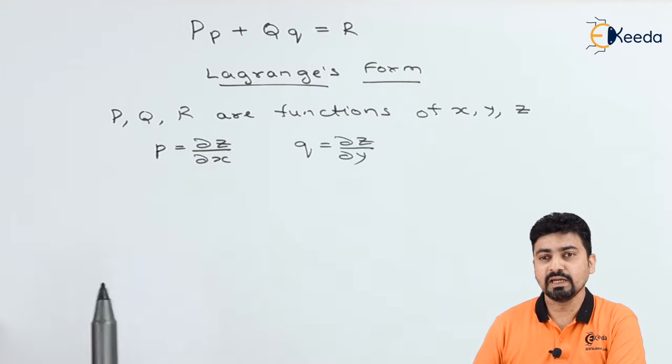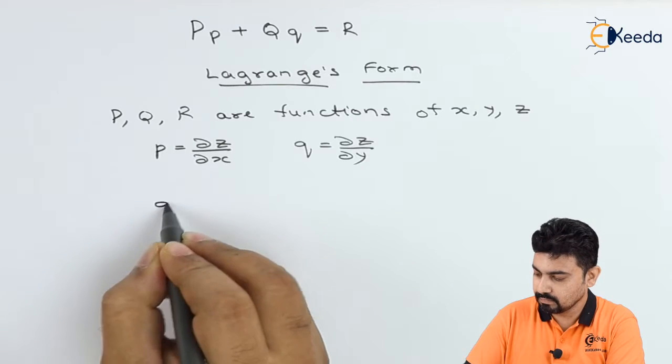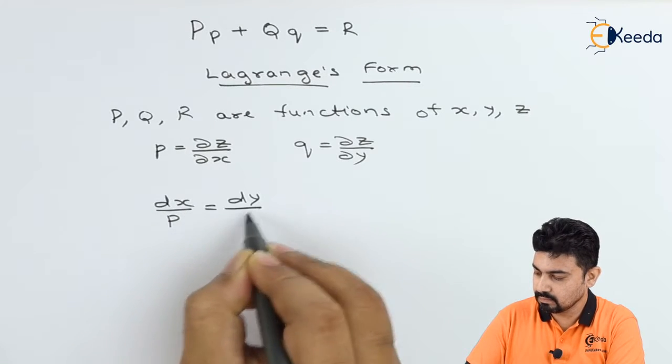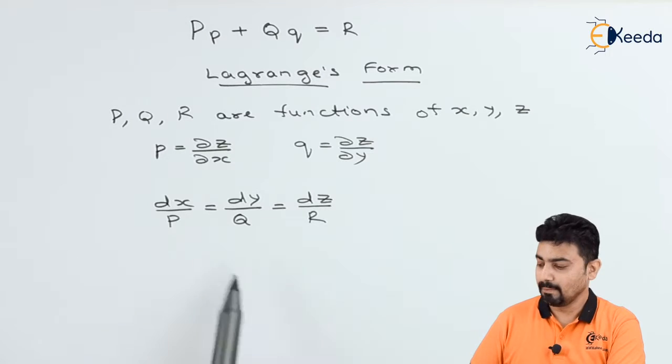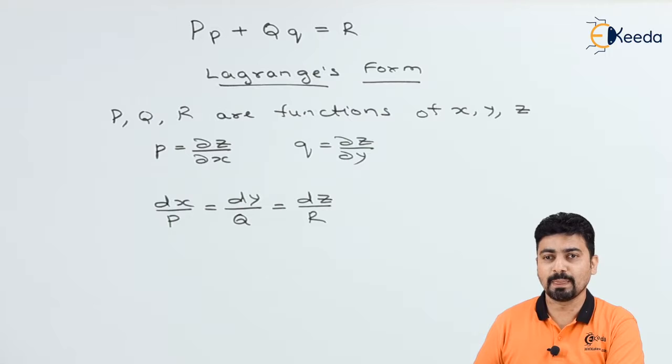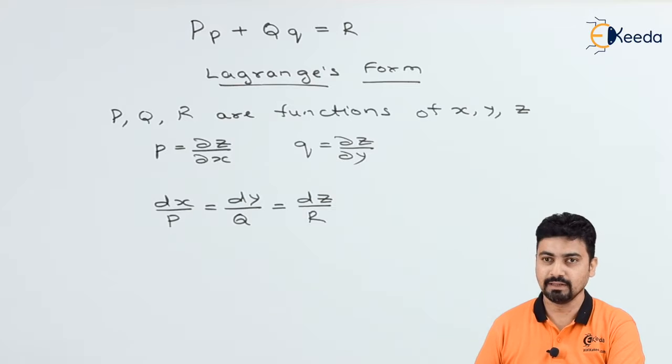To solve linear partial differential equation of Lagrange's form, we will be using an auxiliary equation. The auxiliary equation to be used over here is this, the auxiliary equation that we use while solving the linear partial differential equation of Lagrange's form. Here we know that P, Q and R are the functions of x, y and z.